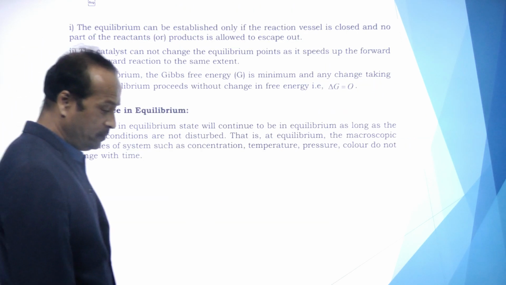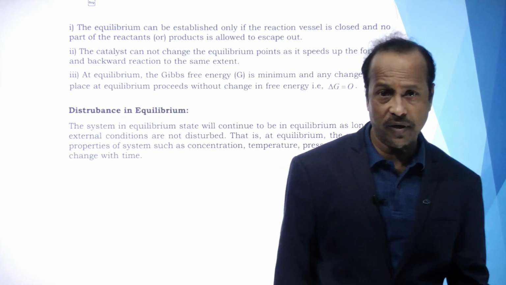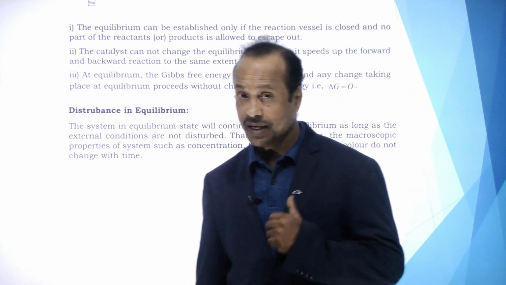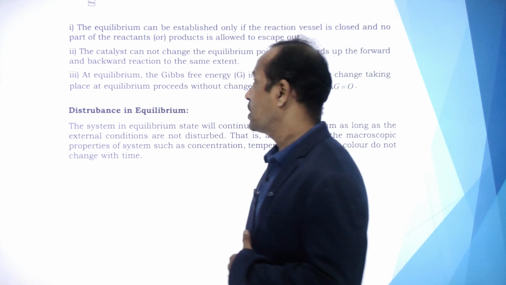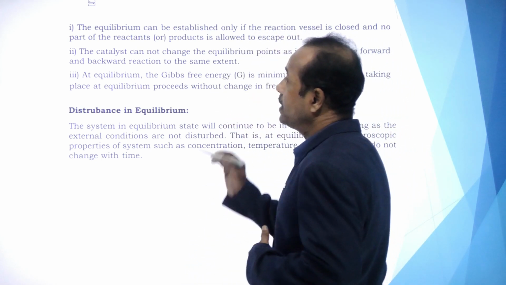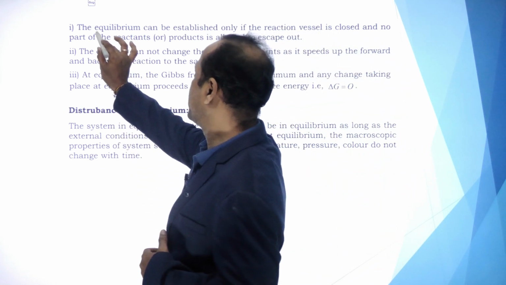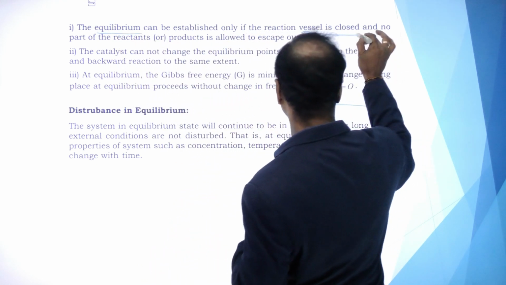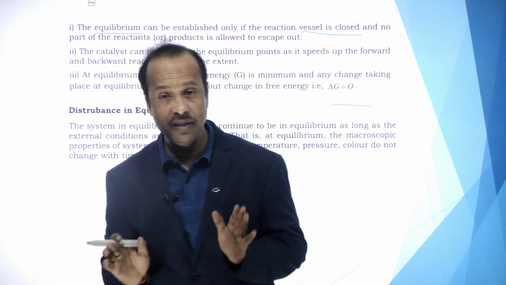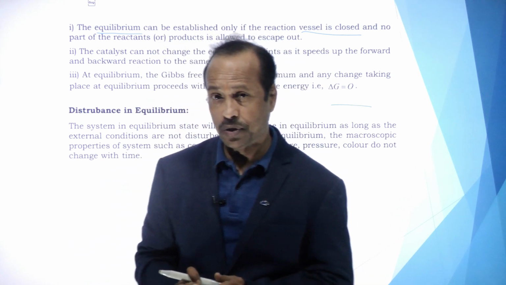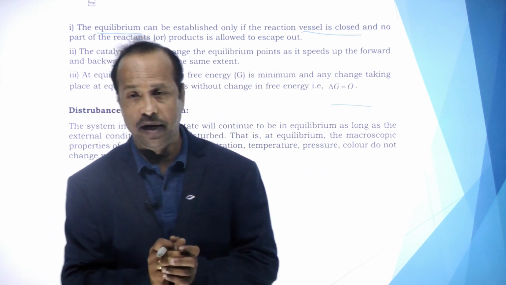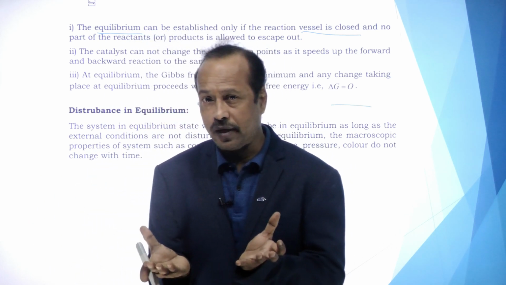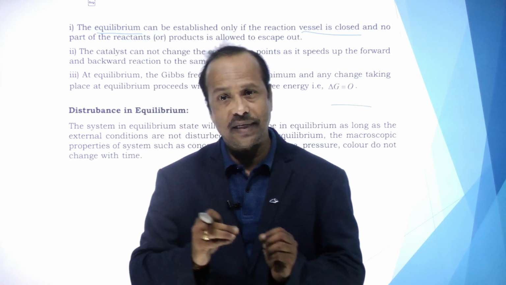So now here, what are the conditions for the equilibrium? Students, already I said that equilibrium will take place only in a closed vessel, when the vessel is closed. Yesterday I told you that. For example, if you take calcium carbonate and heat it in an open beaker, it decomposes into calcium oxide and carbon dioxide.